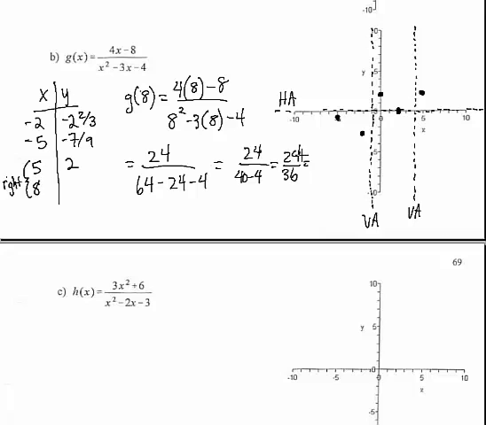And 4 divides into both. 6 over 9, and then that becomes 2 over 3. So I find x equals 8, and I go up 2/3.